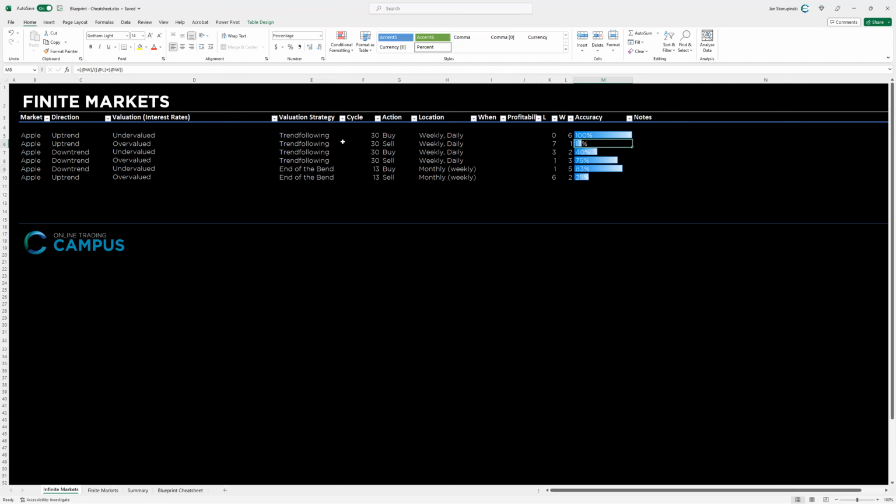And what we don't want to do is anything against the trend. And we also don't want to look at overvalued readings on the 13-week cycle. We also really don't want to do that either, right? As we buy against the trend. So now we've got our action metrics. Now we know what to do and when to do it, and for Apple.